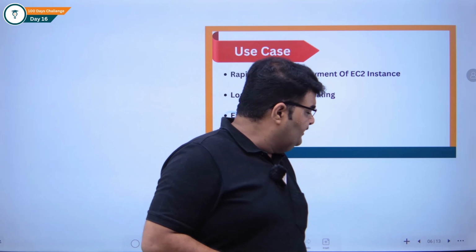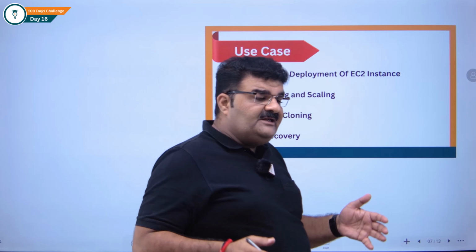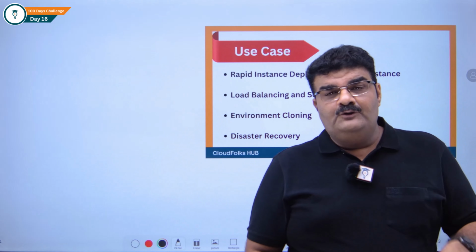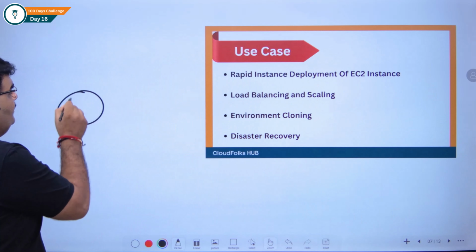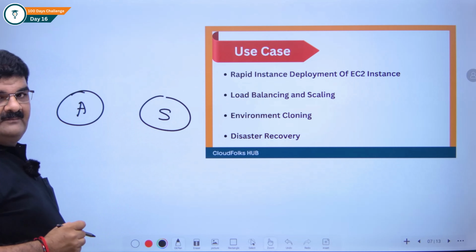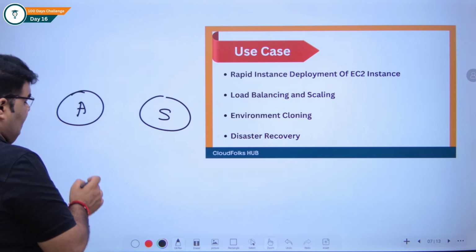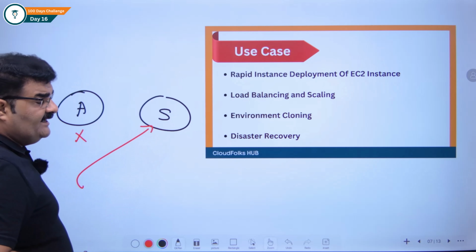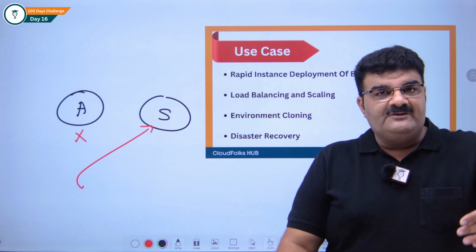And the last one, we call it DR, meaning disaster recovery. What is the meaning of disaster recovery? I have 2 environments. One environment is active and the other environment is standby. Now, if something happens, if my active environment goes down, my users will be redirected to the secondary environment and this environment will start serving the people.